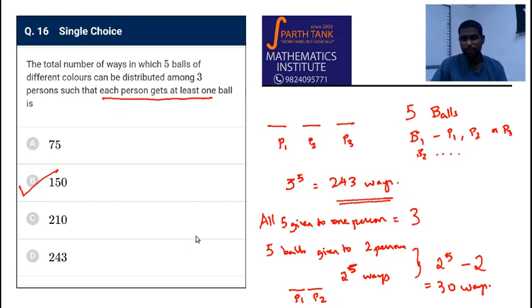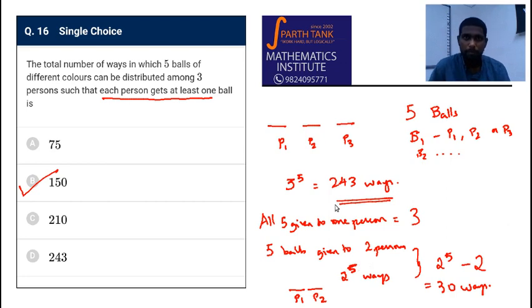Don't rush to 243. This is only the total number of ways possible, but among that you remove the number of ways in which it can be given to only 1 person. All balls given to person 1, or all balls given to person 2, or all balls given to person 3. And then how many ways can these be given to 2 people?